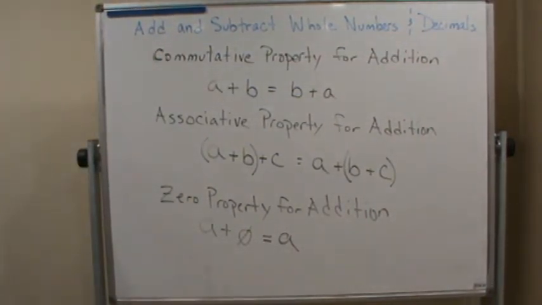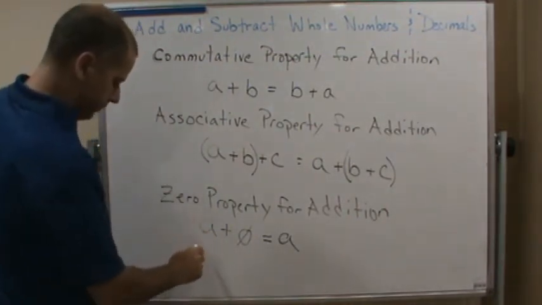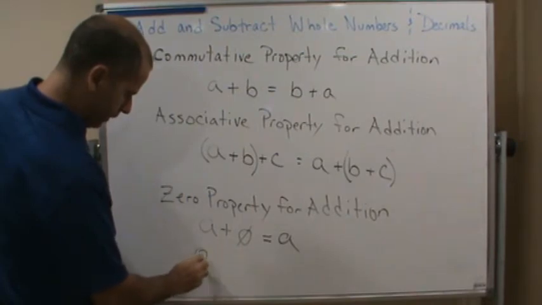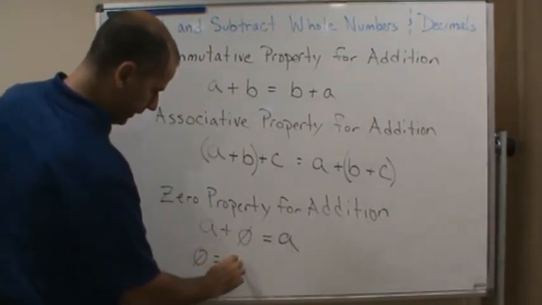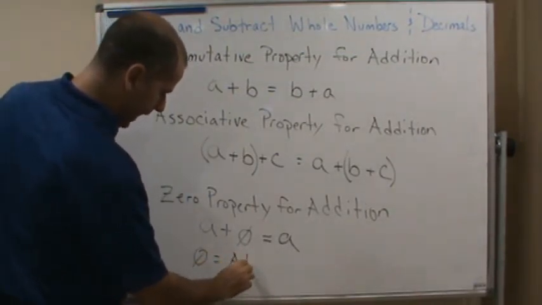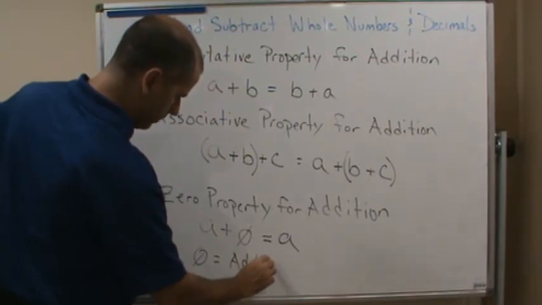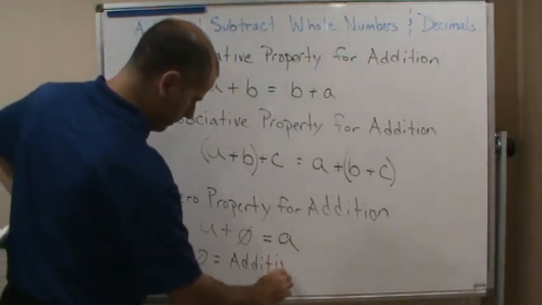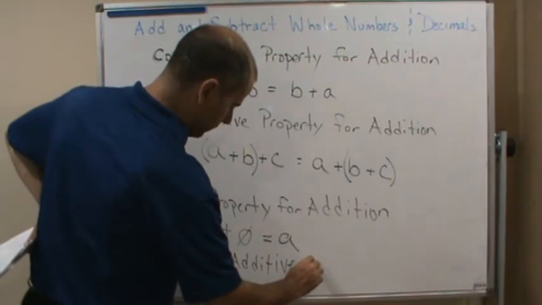So this is the zero property, and we call 0 the additive identity.